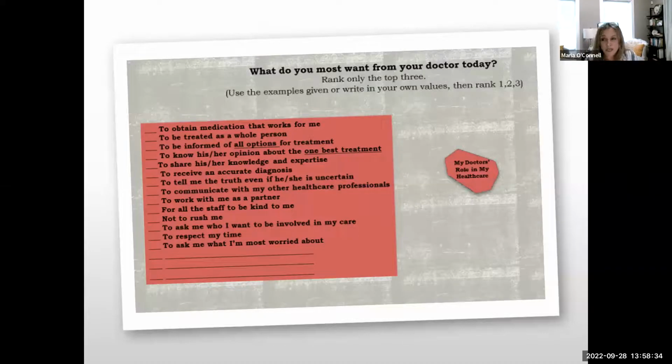I know it would be extremely difficult for me to go into a medical encounter, be presented with many options, and then have to weigh them. So this exercise is really about how you can not only identify but communicate those values, in a way that doesn't take a lot of time.